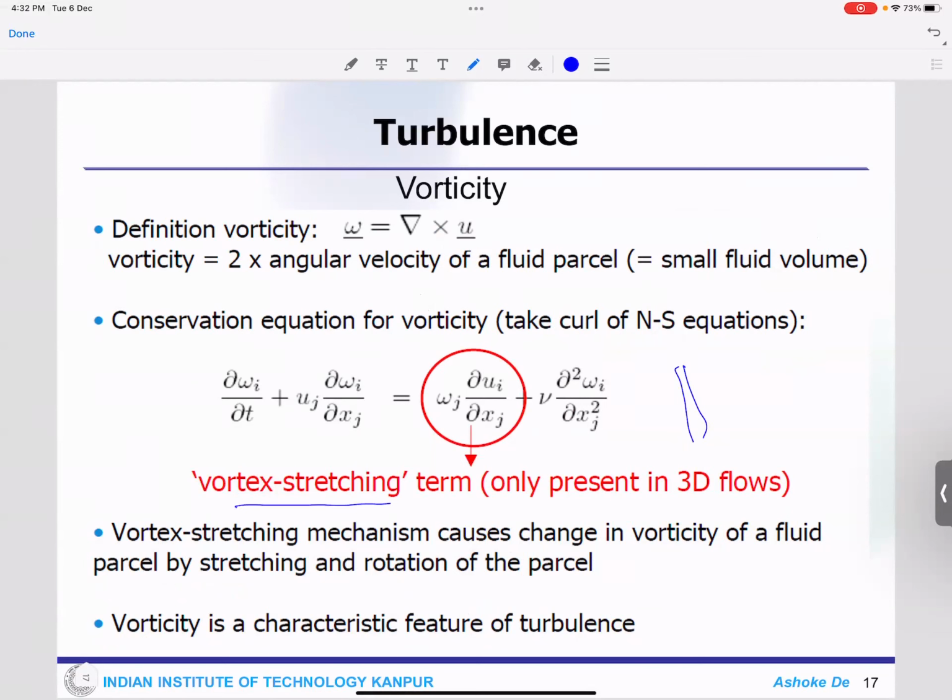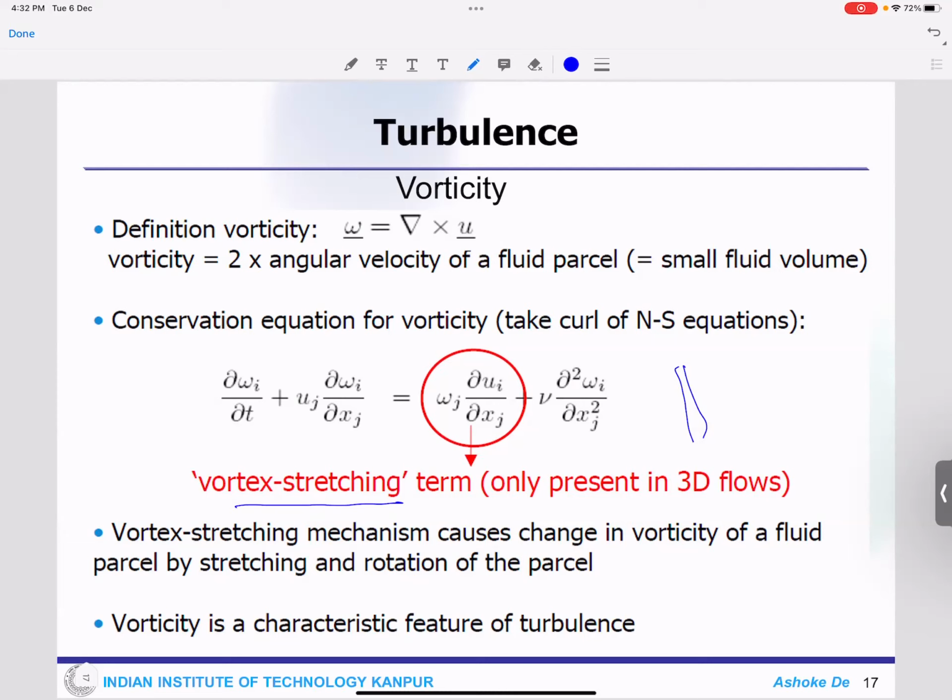The term highlighted here is called the vortex stretching term, and this term is going to be present if your flow is three-dimensional. This vortex stretching term is one of the primary driving forces behind the change in the vorticity of the fluid particle, through stretching and rotation of the parcel.